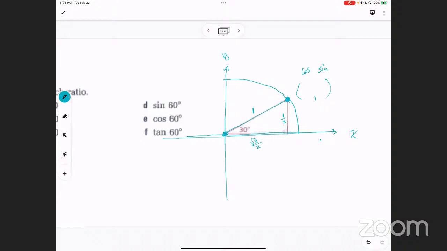Yep, that's right. And so what's this point right here going to be? What's this distance, the x or the y? X. Yep, that's your x. So this is √3/2. And what's this distance? 1/2. The y. That's your 1/2.